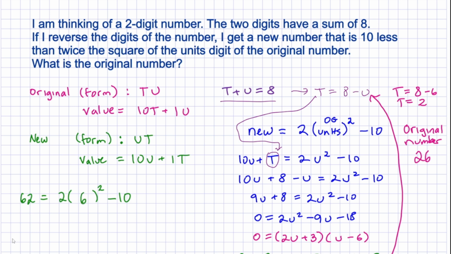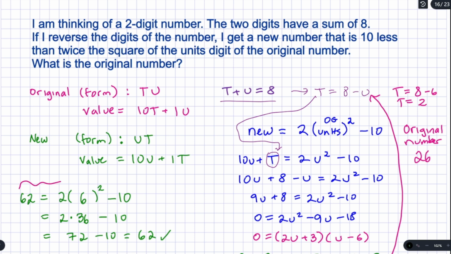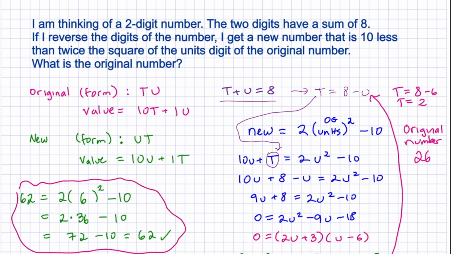So let's see if this actually works out. 6 squared is 36 times 2, and we'll subtract 10. 2 times 36 is 72, and minus 10 does indeed come out to be 62. So this right here is just a sanity check to make sure that what you got for your answer actually is a good answer.